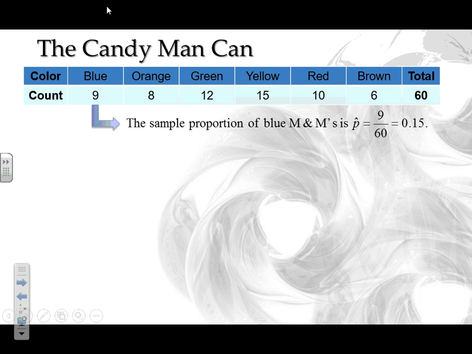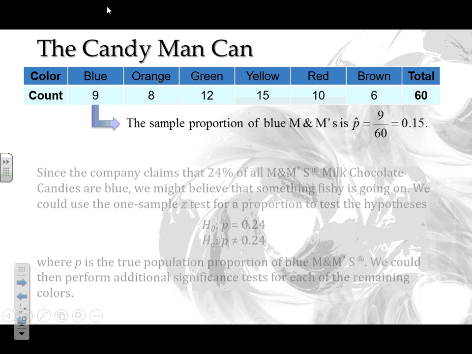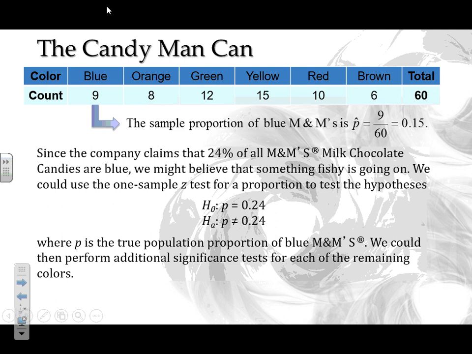Now, what did the company claim should happen? It should be 24%. Since they're claiming to have 24% blue candies, we might believe something's wrong, that they're misrepresenting their information. So we could run a one-prop z-test, a one-sample z-test for proportions, to test the hypothesis.